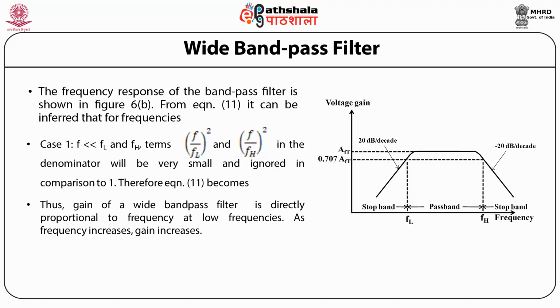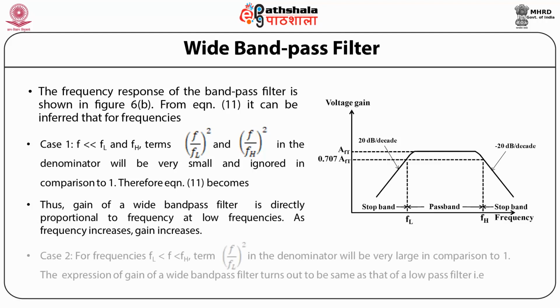Therefore, the expression for magnitude of voltage gain modulus V0 by Vin equals AFT into f by fL. Thus, gain of a wide bandpass filter is directly proportional to frequency at low frequencies. As frequency increases, gain increases.